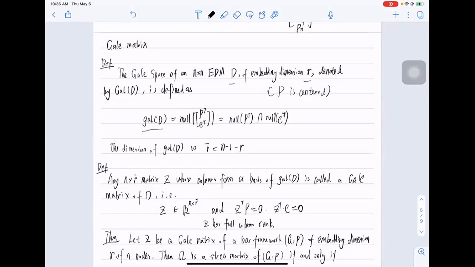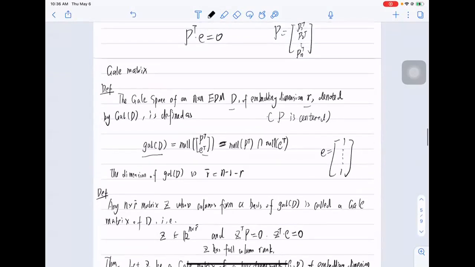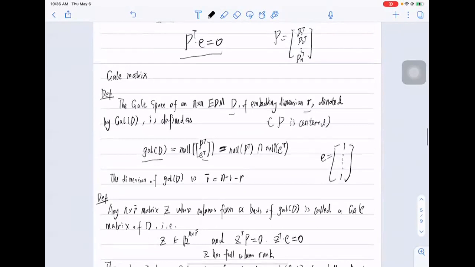And this null space is of course equal to, because I assume that P transpose times E is 0, the null space of P transpose intersecting the null space of E transpose.